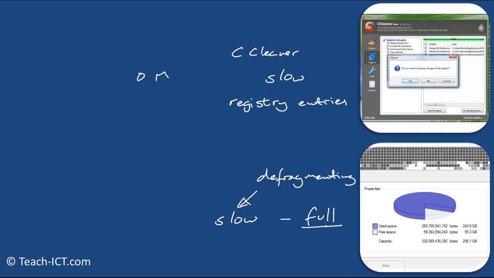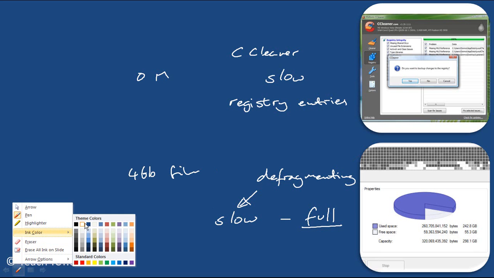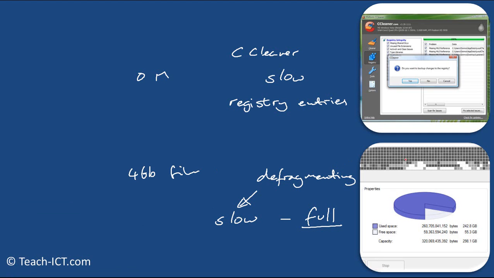So if I were to save, let's say, a 4 gigabyte film, we might find that it's saved in bits across the computer. Maybe I'll switch to a red pen just for a second, it might make life a little easier. Because I've got 4 gigabytes, let's say it takes up 10 blocks, and I say, well, I'll take 2 of those blocks there, I'll take those 3 there, I'll have those 5 around about there.